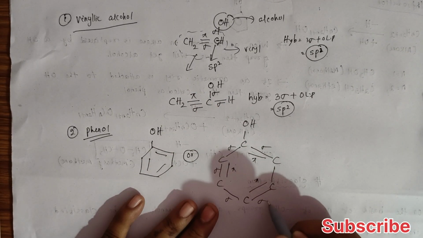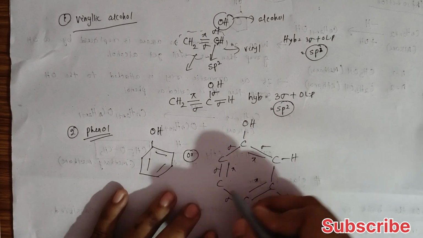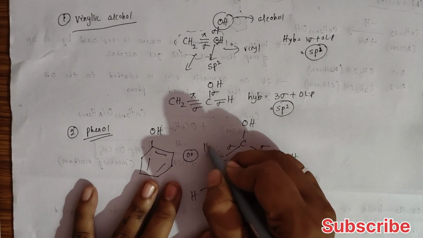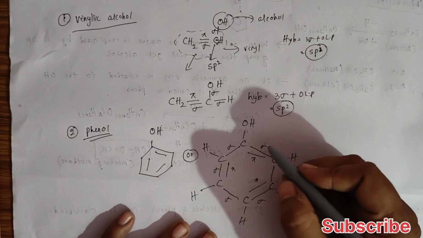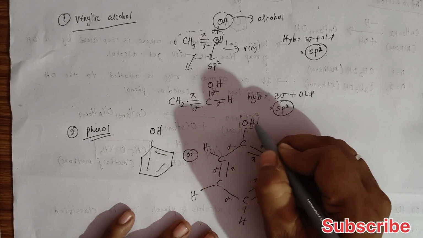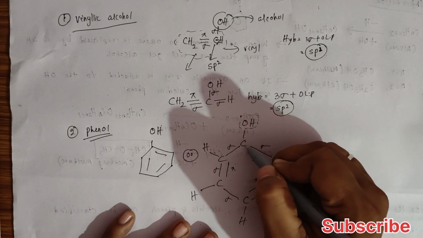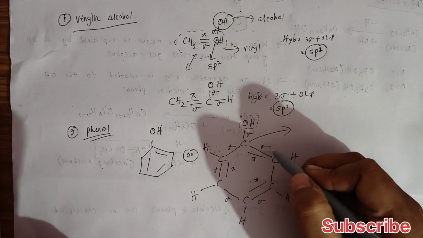Now if you satisfy the valency of the carbon atom, the tetravalent character of carbon, carbon must satisfy its valency with its tetravalent nature. So if you focus on the functional group, that is OH, which is directly attached to carbon, here the carbon atom forms how many sigma bonds? 3 sigma bonds.